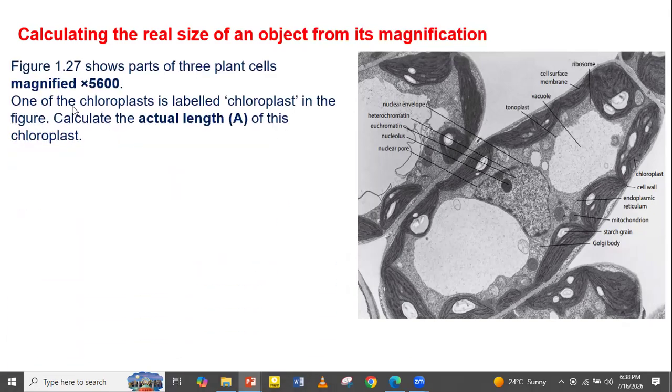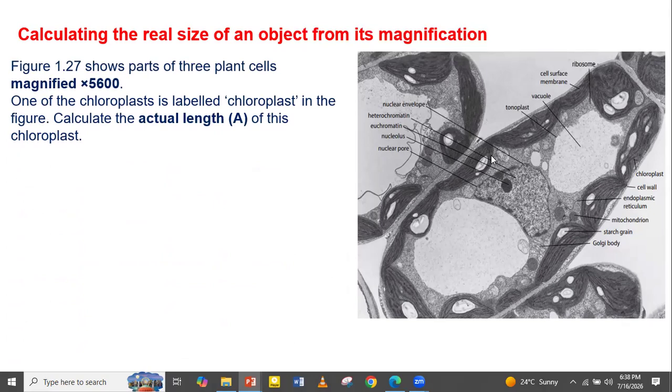So here we go. Figure 1.27. This figure shows parts of 3 plant cells. You can see this is one plant cell, another one, and another one. One of the chloroplasts is labeled chloroplast in the figure. So I'll look at the cell and look for that chloroplast.